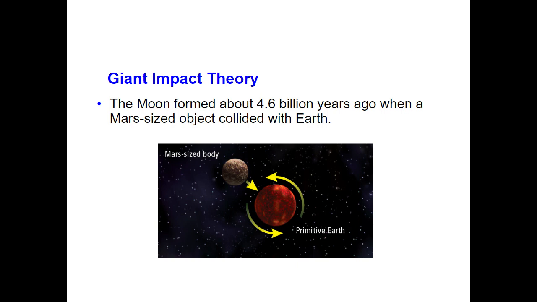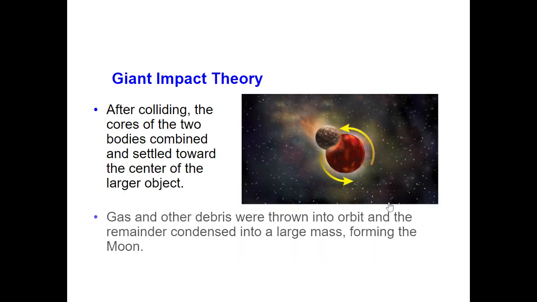So here's the theory of how the moon came to be. The moon formed about 4.6 billion years ago when a Mars-sized object, a large body, collided with the Earth.